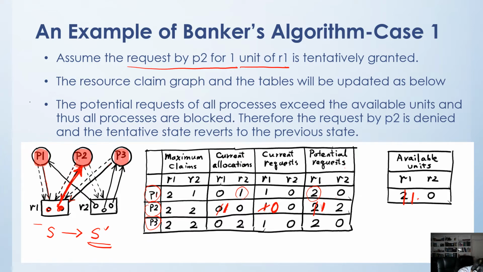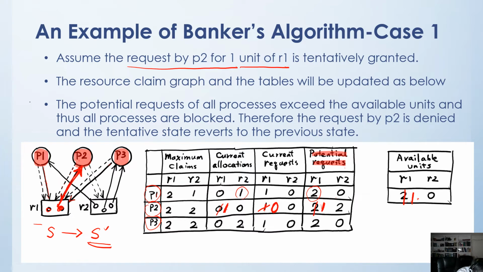Now all 3 processes are blocked because the potential request for each process is more than the available units. So the current available units cannot satisfy all the processes.